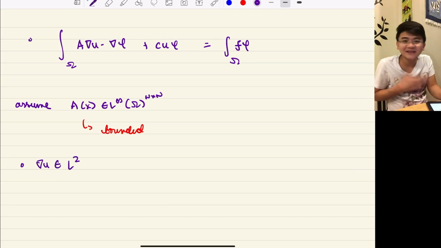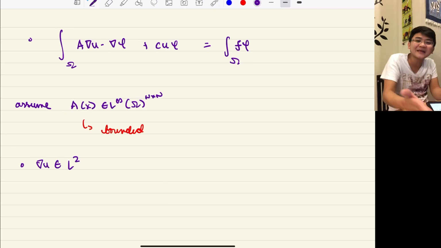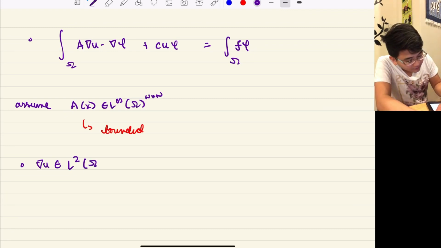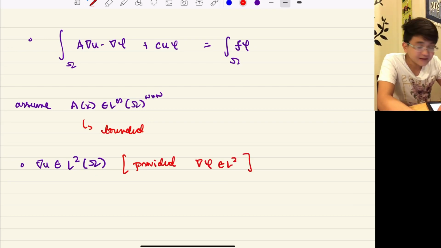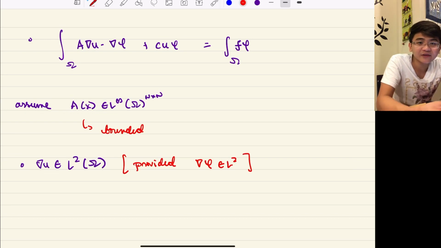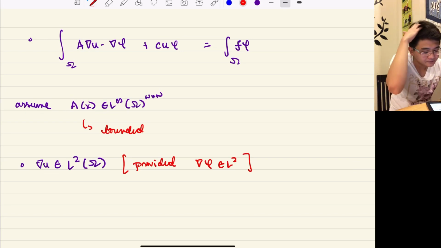So it doesn't even need to be continuous, so it doesn't need to be a classical derivative. Of course, this is provided that grad phi is in L2. And our test function, the test function that we're going to consider, grad phi is indeed in L2.